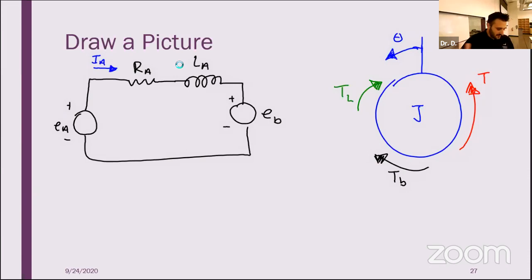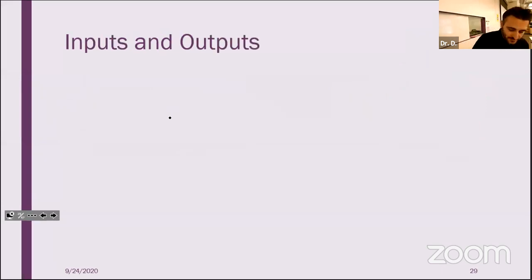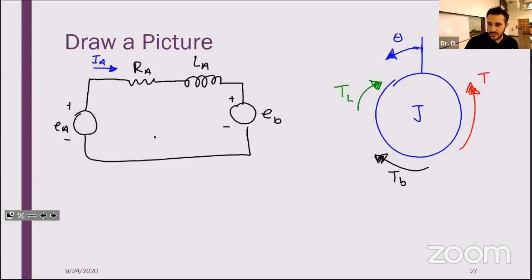Now we have a couple of equations here that will help us jump back and forth with magnetic fields, right? But before we move on to that, let's look at this circuit, right? This circuit's got that back EMF, and we've drawn that back EMF as a voltage source here.